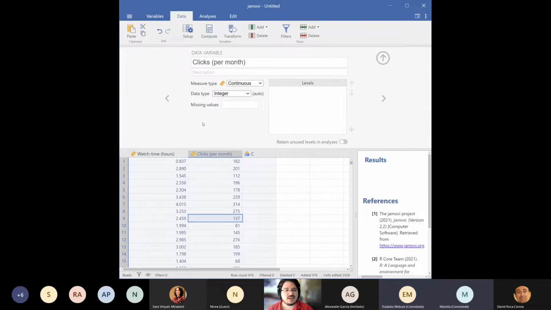That would make this variable not continuous, and we could do different things with it. But now we want to explore the idea of these two continuous variables, how they are related and what are their properties.